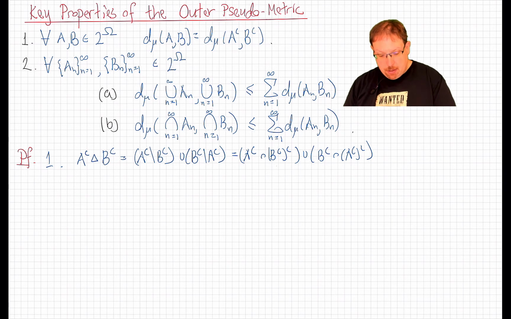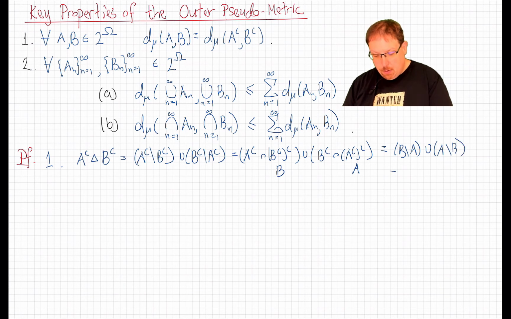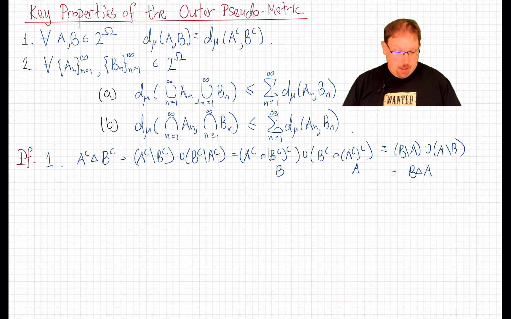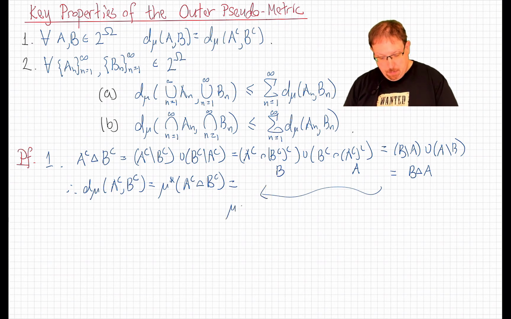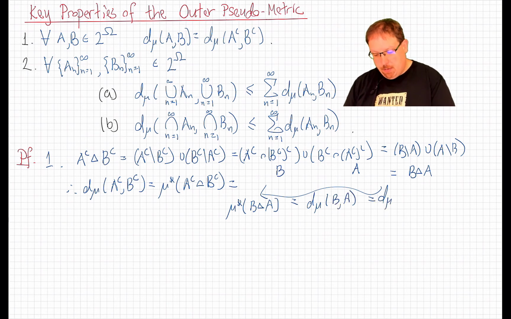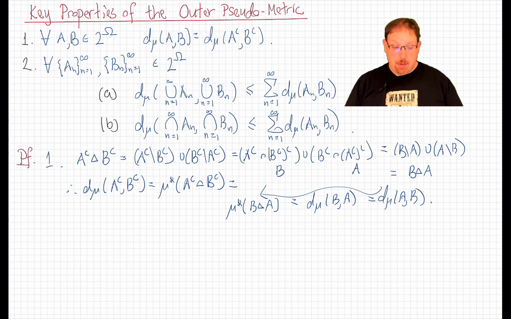But B double complement is just B, and A double complement is just A. And so this is the same thing as B minus A union A minus B, which is the symmetric difference of B and A, or the symmetric difference of A and B. And therefore, the outer pseudometric of A complement relative to B complement is mu star of A complement symmetric difference B complement, which is equal to mu star of B symmetric difference A, which is d mu of B comma A, or d mu of A comma B. So that proves part 1.